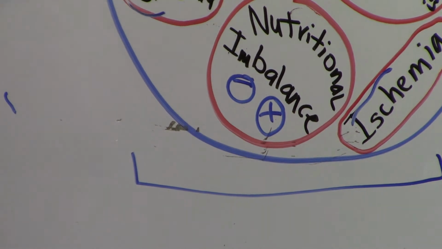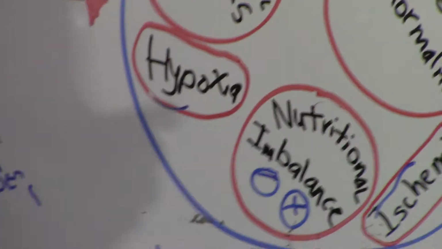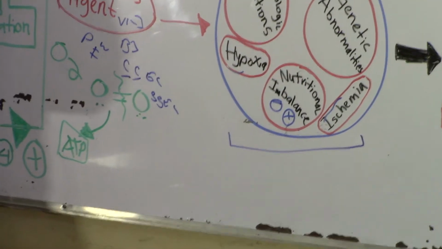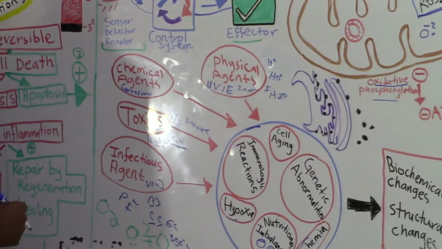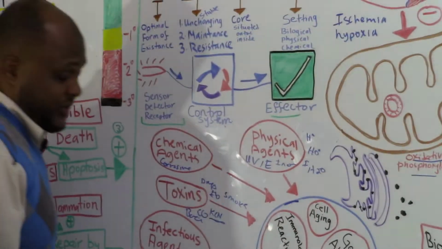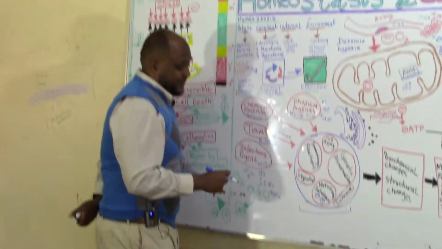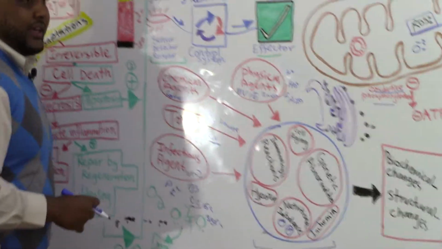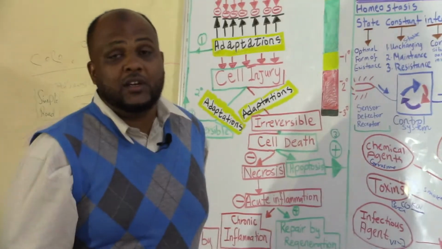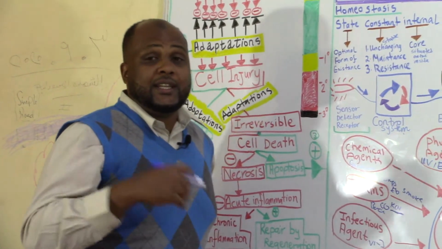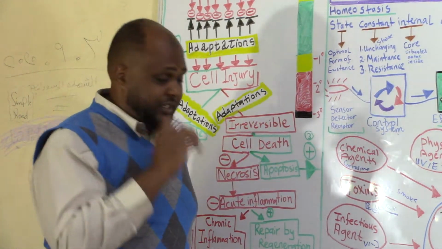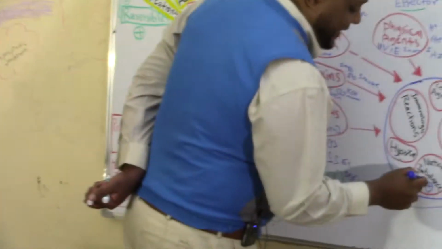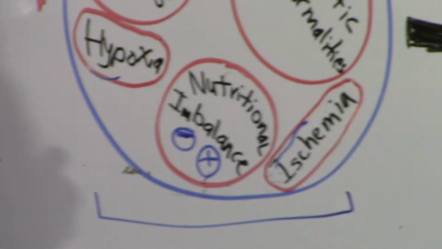These people will end up, unfortunately, developing atherosclerosis, leading to ischemia and angina, and obesity being a risk factor for many chronic diseases like diabetes and hypertension. We also have deficiency; we didn't say nutritional deficiency, we did nutritional imbalance.